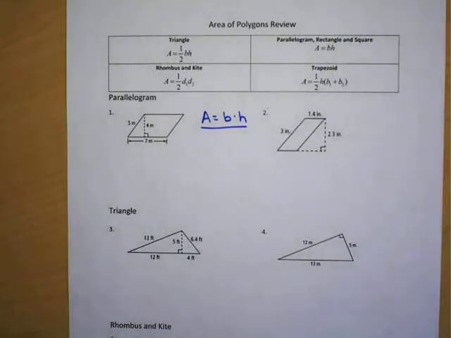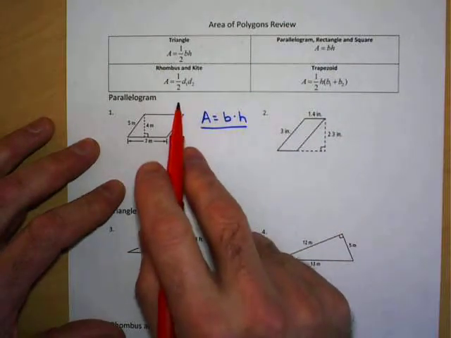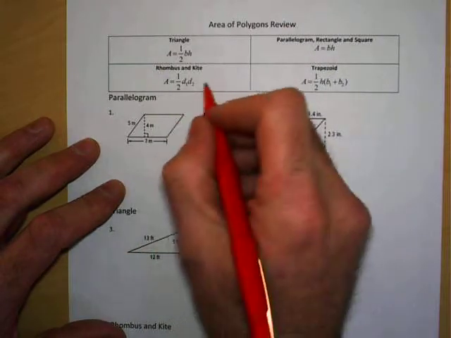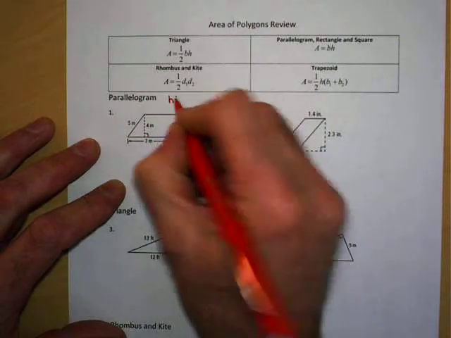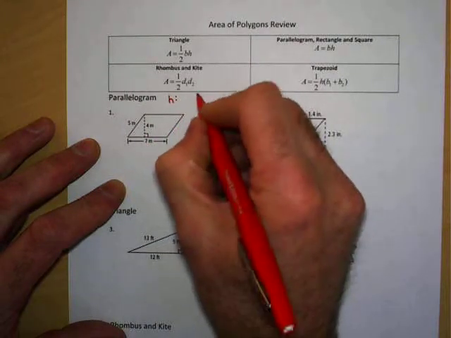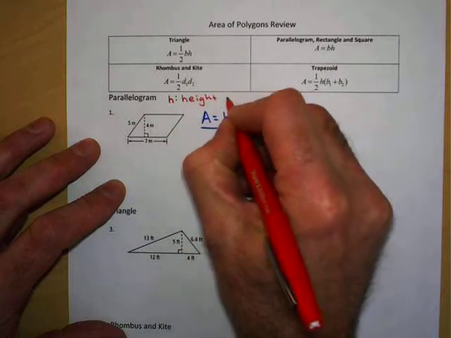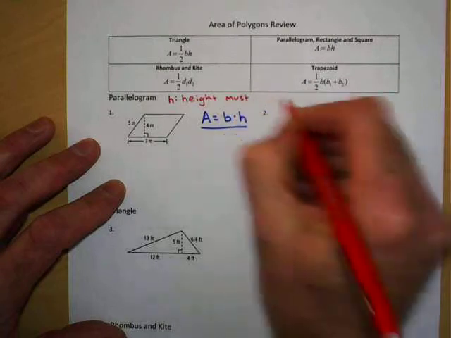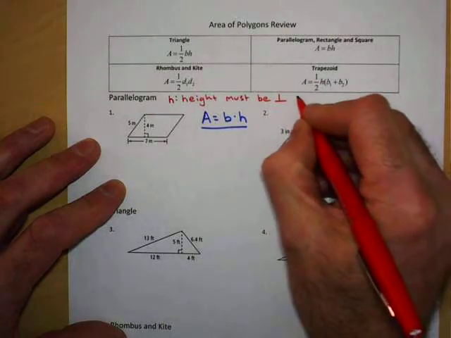One of the most important things with regards to any of the equations here, if you're talking about a base and a height, the height must be perpendicular to its base.